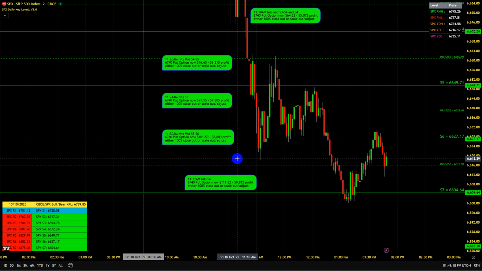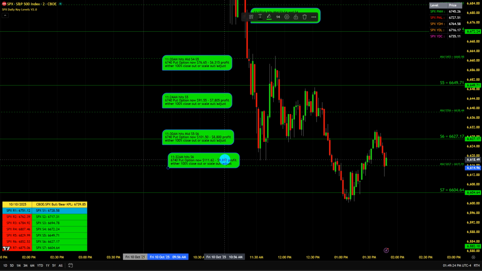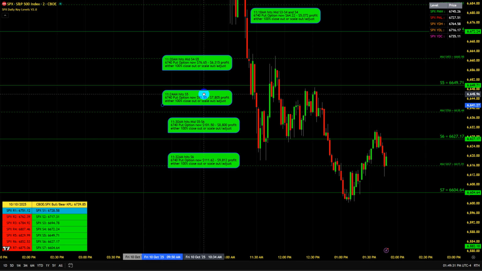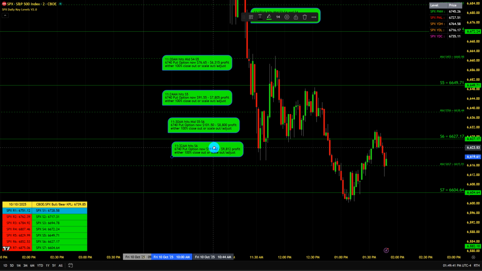So more than likely, remember, this candle here hitting S6, that's S6 here. This is S5 here for this one. Mid S5, S6 here for this one on this candle.